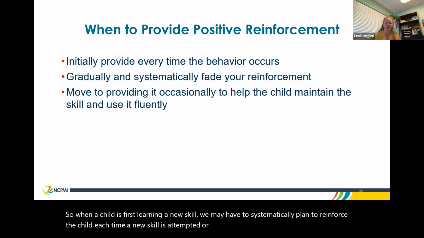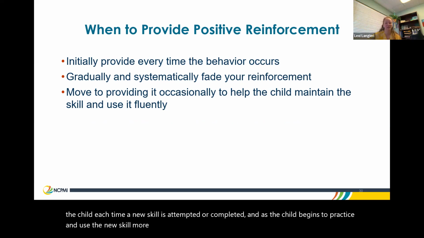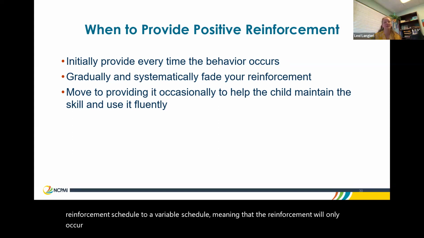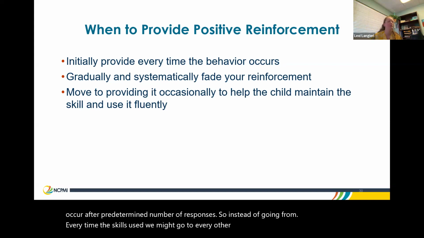As the child begins to practice and use the new skill more often, the team will systematically plan to reduce the reinforcement schedule to a variable schedule, meaning that reinforcement will only occur after a predetermined number of responses. So instead of every time the skill is used, we might go to every other time and then every 3 times.